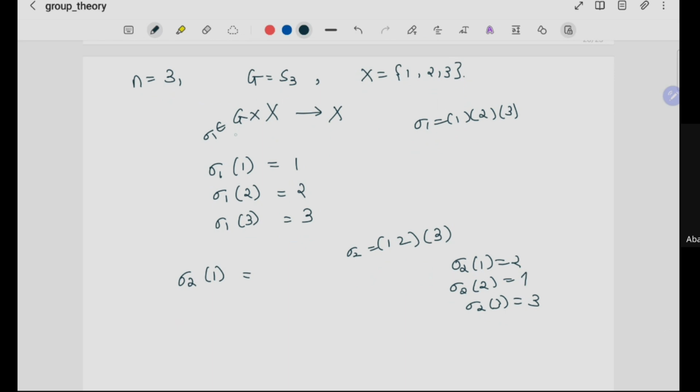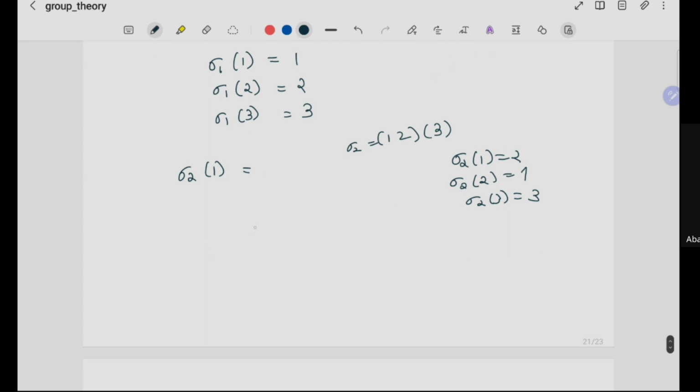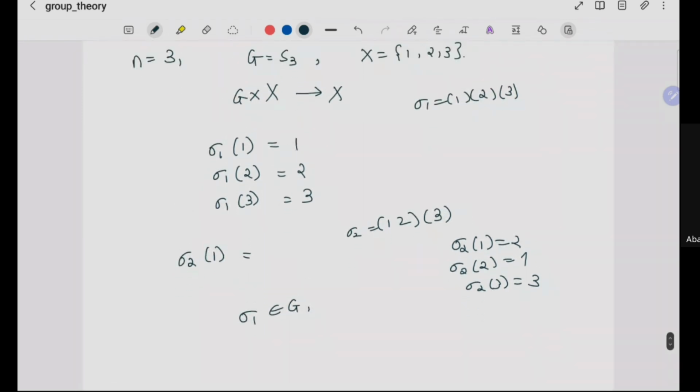So how is this G acting on this set? Every element of G. So what are elements of G here? The elements of G are nothing but the permutations, and it is now acting on the elements of X.